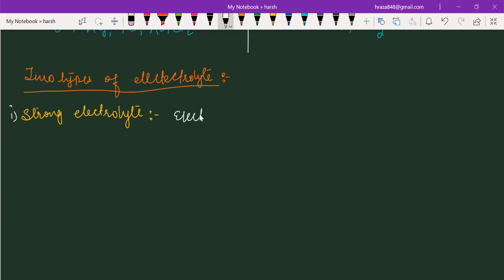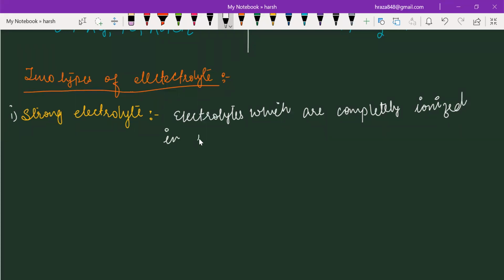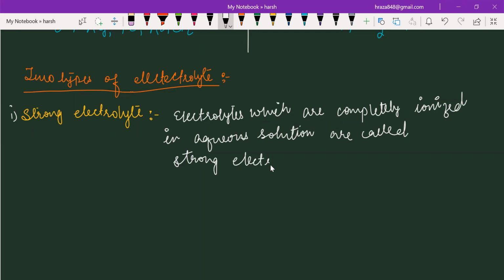So we can write: electrolytes which are completely ionized in aqueous solution, that means almost 100% dissociation will take place, are called strong electrolytes. The example is very easy to understand.